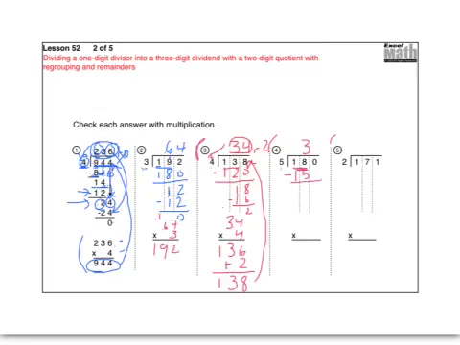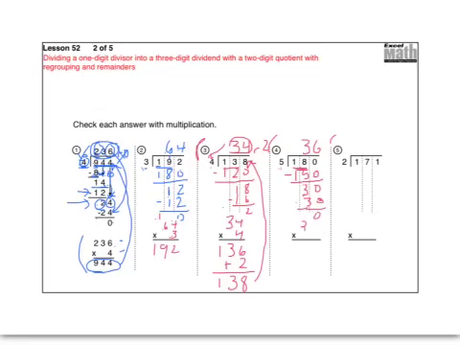I can put a 0 in there too, because it's really 30 times 5, which is 150. I subtract and get 30 down there. And then I'm doing 30 divided by 5, which is 6. And 6 times 5 is 30. Subtract. Hopefully yours is neater than mine with my little stylus here. And I got no remainder, so I don't put a remainder up there.